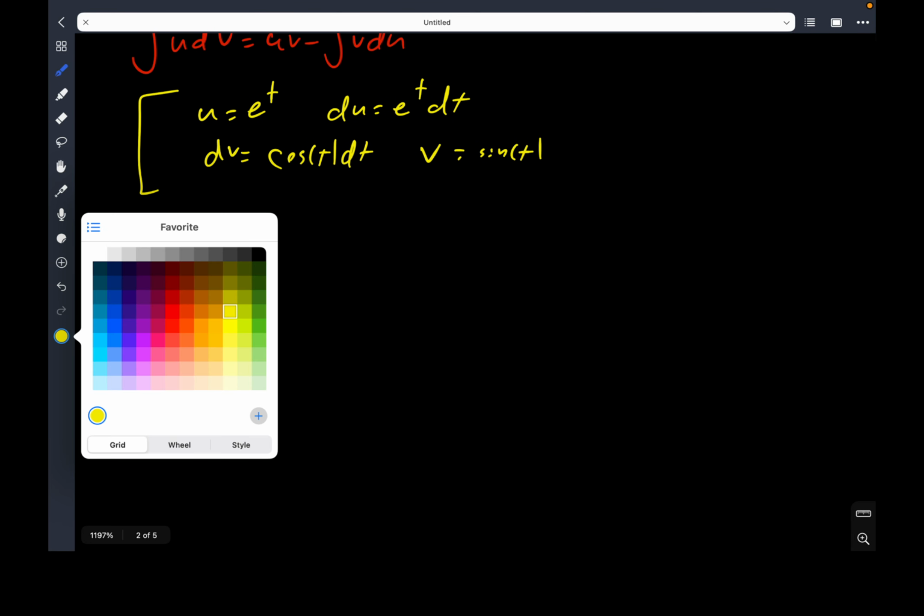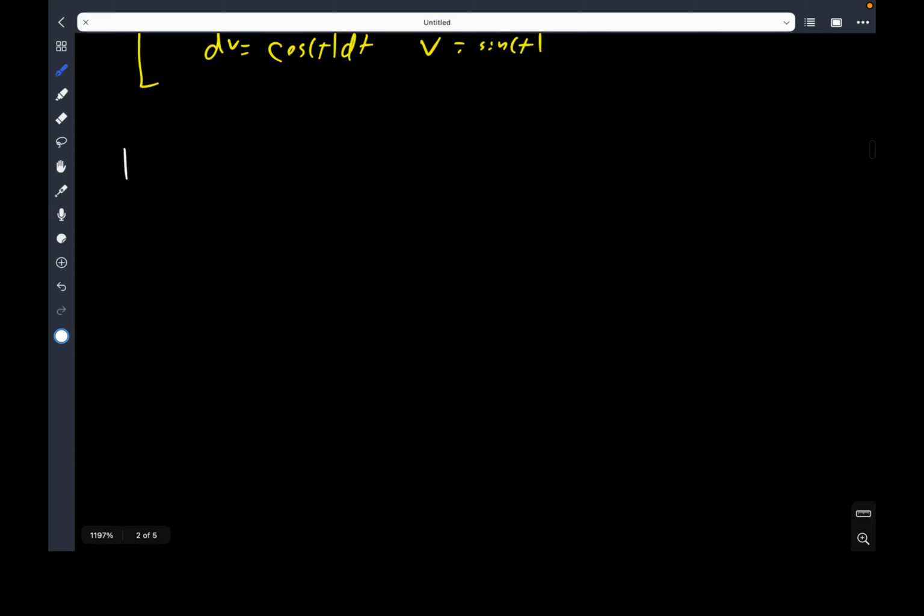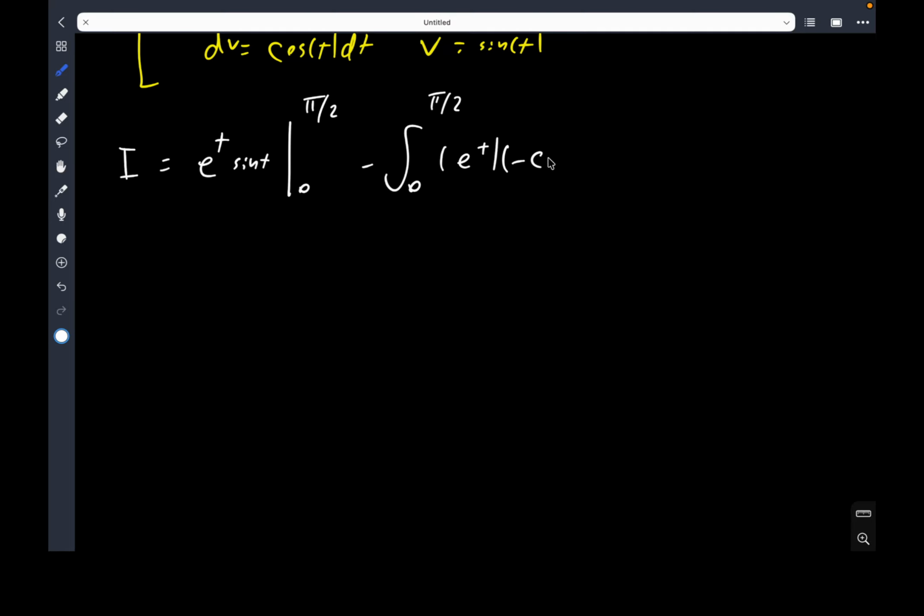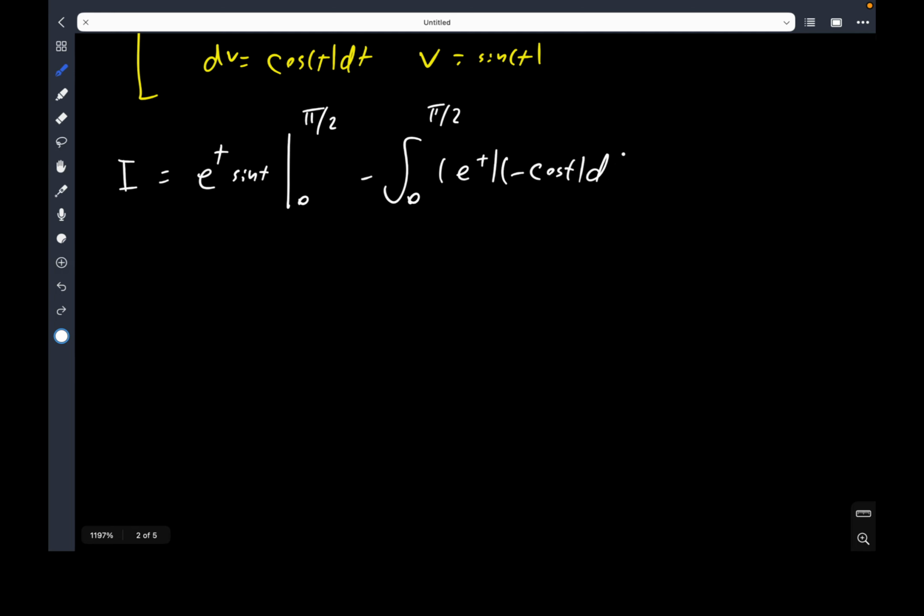Now I'm going to write the integration by parts. So I equals e to the t sine t, the limit from 0 to pi over 2, minus the integral from 0 to pi over 2 of e to the t sine t dt.